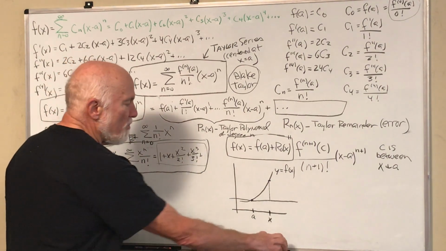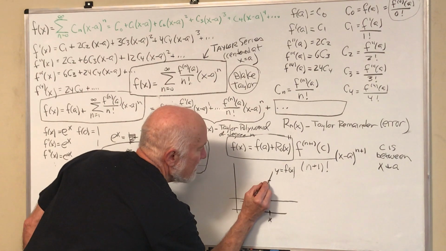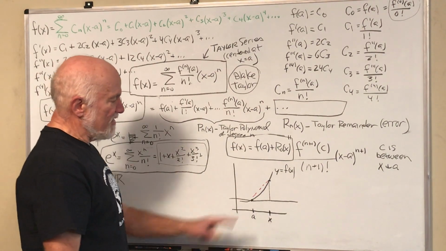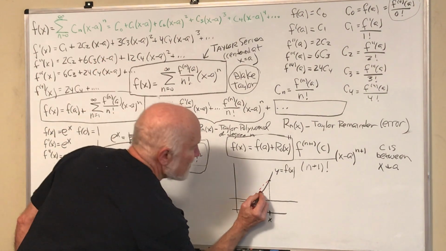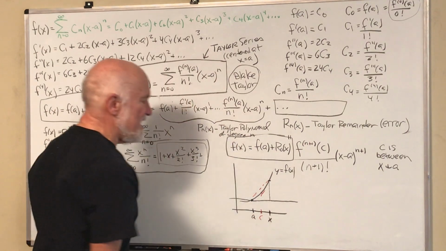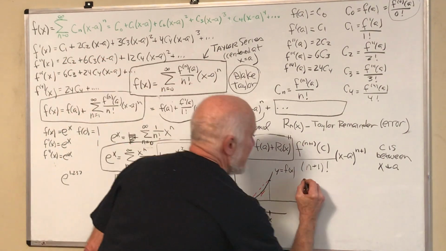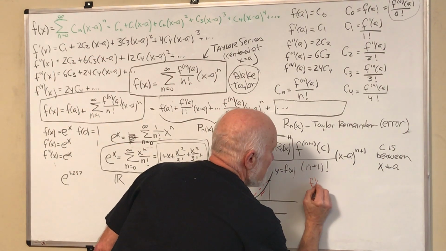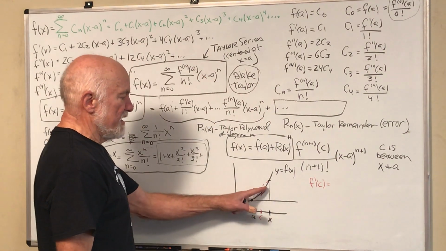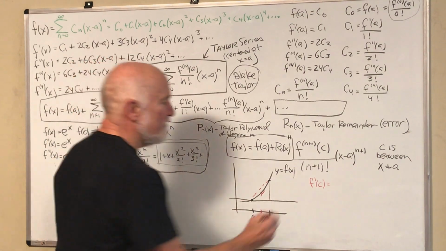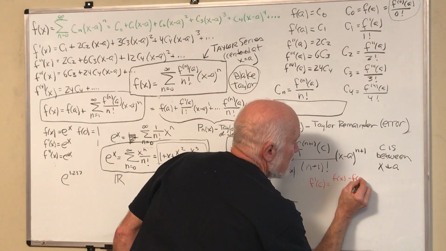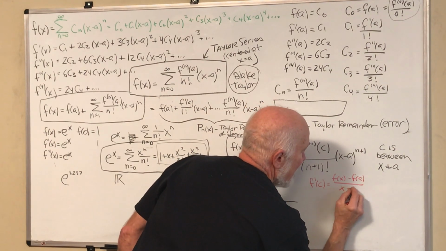So what do we know by the mean value theorem? That if I take that slope right there, there's going to be some point x equals c where you have that f prime of c equals the rise over the run. So f of x minus f of a over x minus a.